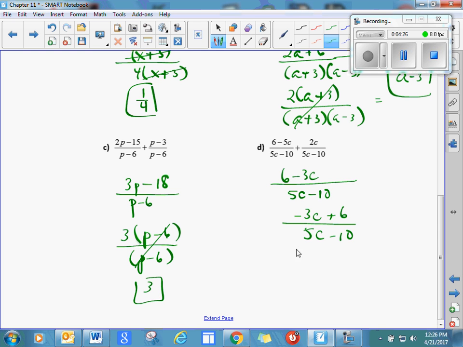And I'm going to go ahead and factor out this leading 3, but I'm going to factor out the negative 3. And that would leave this c minus 2 over 5 times c minus 2. C minus 2's cancel, and minus 3/5 is your final answer.